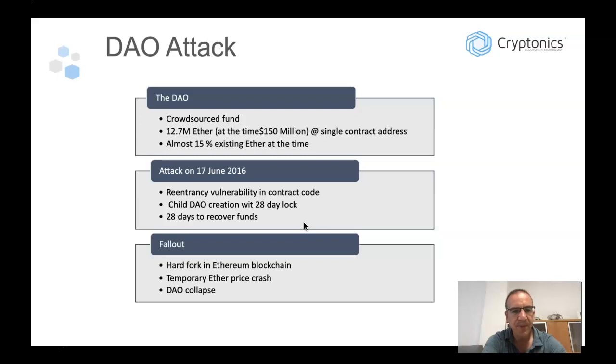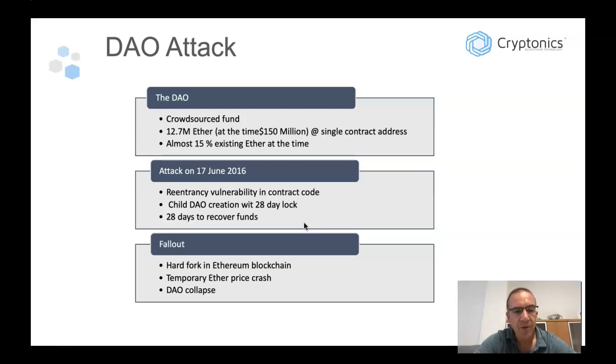And basically what happened, the DAO had a way of recovering funds. If you're not happy with the way the DAO was run, you could create your own child DAO, and your funds were diverted into that. And for safety or security, there was a 20-day locking period before these funds could be used. And of course, there was this reentrancy vulnerability, and what happened was that someone managed to put much more funds than he actually owned or were assigned to him or paid in by him into a child DAO.